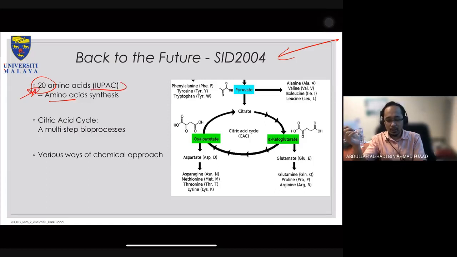Okay, but the IUPAC system recognizes 20 as the amino acids for now. Okay, in the future or the year after, they might change it, but as of today, there are still 20 amino acids that are being recognized as the natural amino acids.